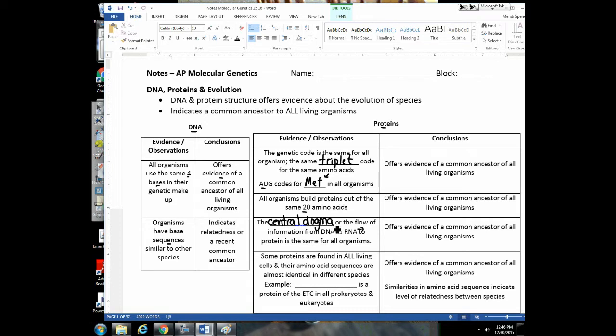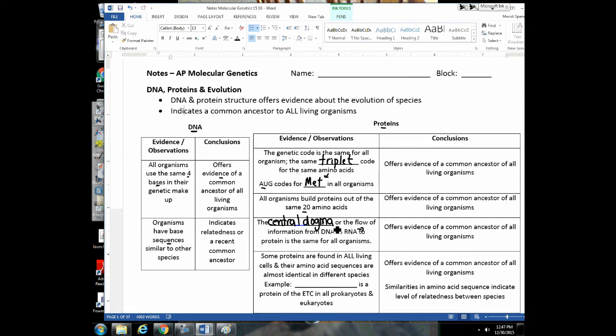And if you think that's a weird term, I agree with you. But anytime someone is talking about, or you're reading about something that says the central dogma, then they're basically talking about the steps of protein synthesis, transcription and translation. And the fact that all organisms have the same flow of information from DNA to the mRNA to the amino acid sequence in a protein indicates a common ancestor.